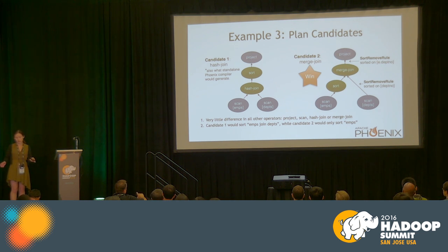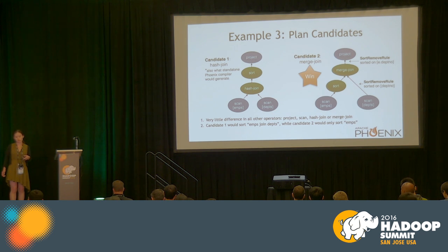So by comparing the two diagrams, it's easy to see that they all have a project node, they all have a scan, and they all have a join node, and these operators are going to cost similarly. So the main difference here is the sort node.